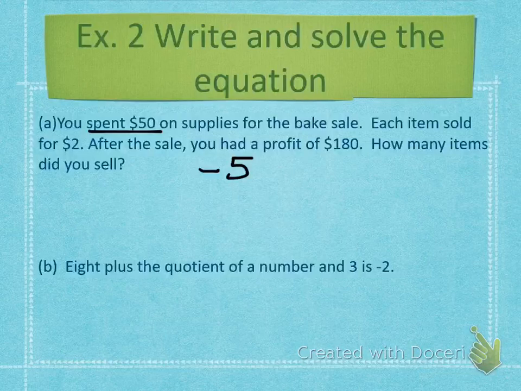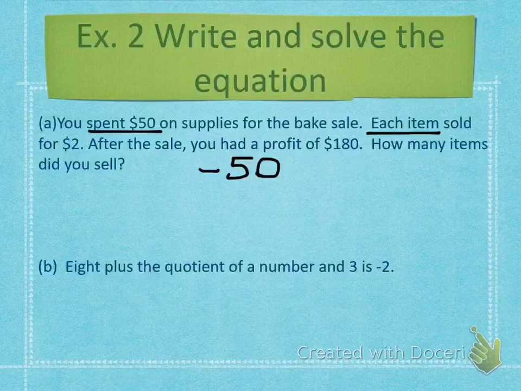Awesome. Now, anytime you see each item or per item, what operation should come to mind? Addition, subtraction, multiplication, or division? Multiplication. If I have 30 items on my table and they're each $2, how much money am I going to make if I sell them all? Well, how'd you do that? You multiplied. So 2 times each item.